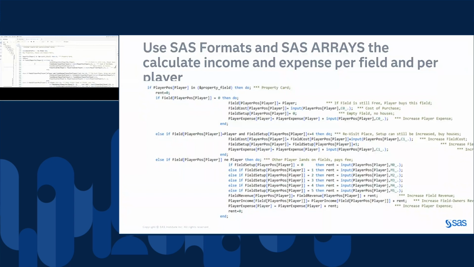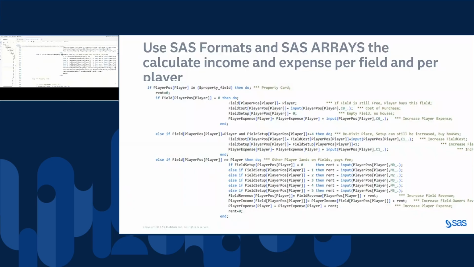And buying it means the field indicator is set to my player number. So it means I possess it. The system now knows field 3 is possessed by Gerhard. The cost for this field is increased, and now I use the input function because I get the cost for this field from the external table we had. And also I increase my actual expense with the cost for this field.